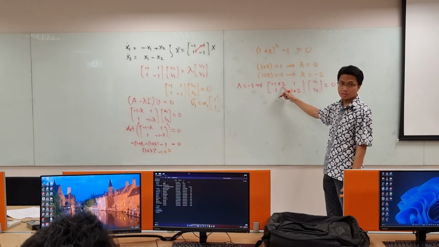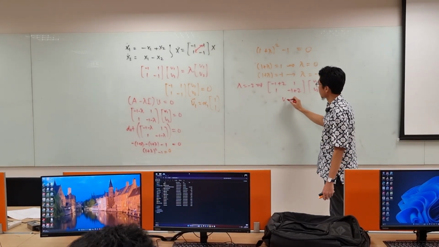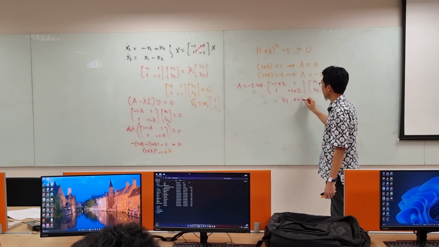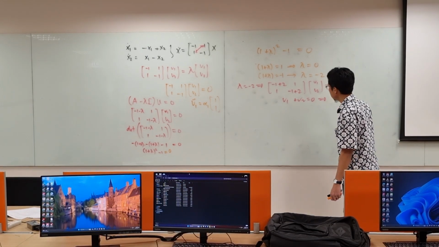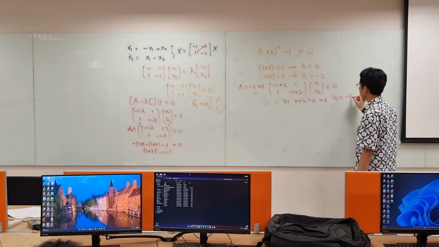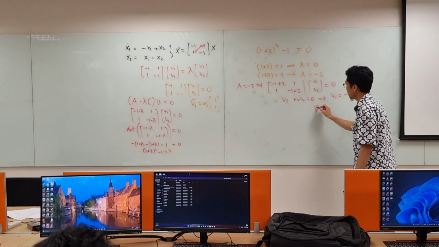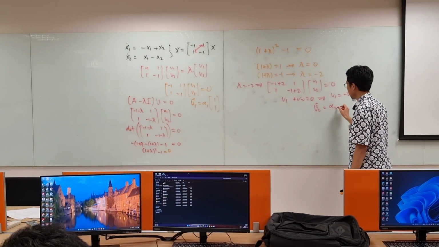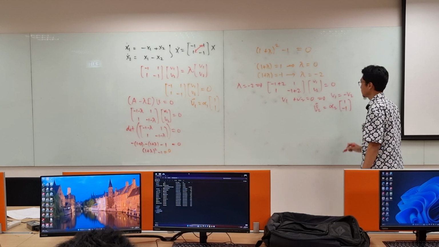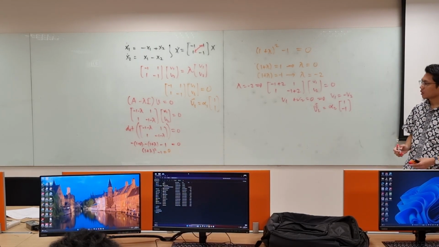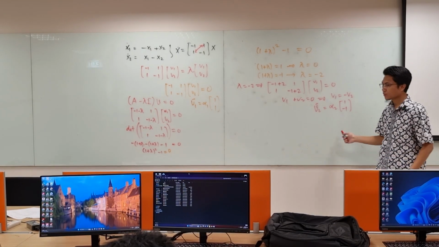Minus 1 plus 2, 1, 1, 1, 1. V1 plus V2 equal to 0. So that means V1 is minus V2. Then the second eigenvector will be alpha 2 times 1, minus 1. Okay, so that's the answer for number B.